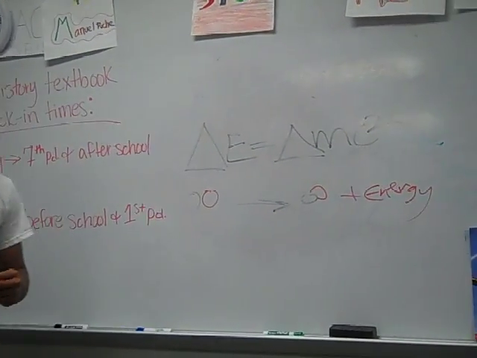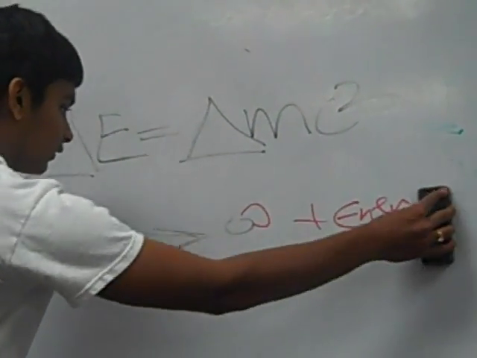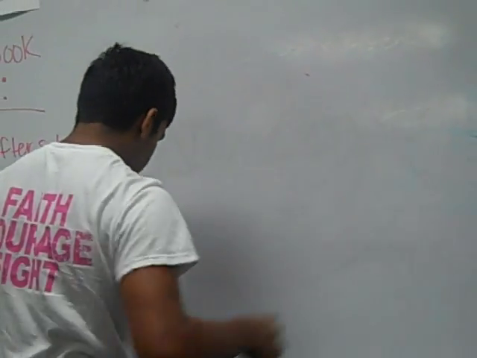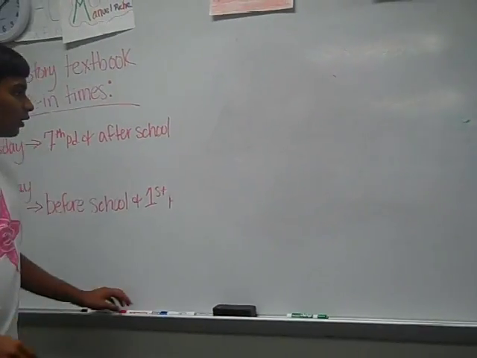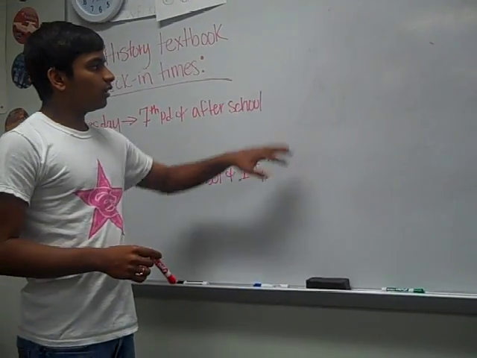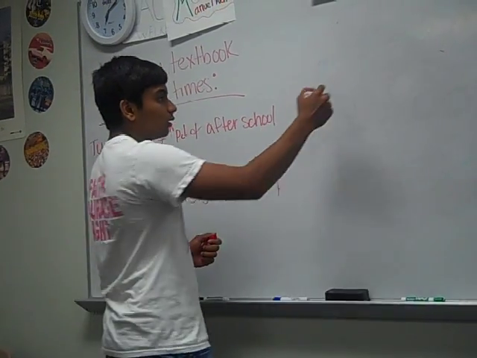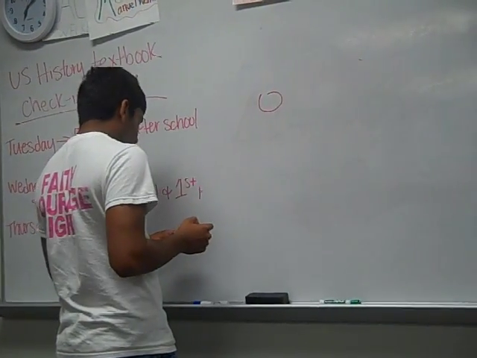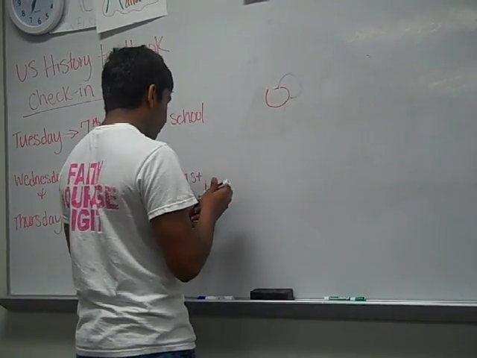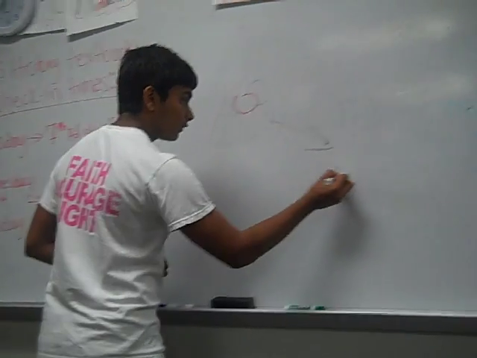This is very important when it comes to nuclear reactions, because when you basically have an atom like the one we had before and you split it, so you're taking it from this to this.